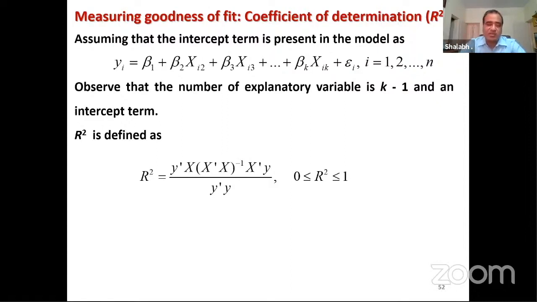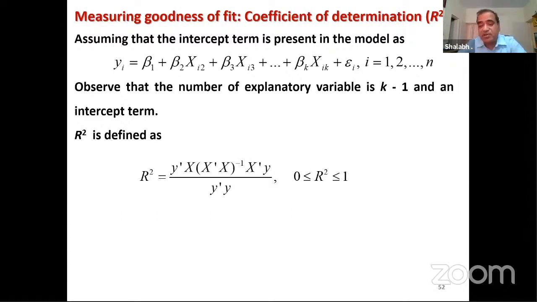Whereas in the agricultural field, if you don't give any fertilizer or irrigation, with the natural things also, you will get some crop. So in that case, you would like to have the intercept in the model, whereas in the first case, you would not like to have the intercept in the model. Right. So this is the thing.